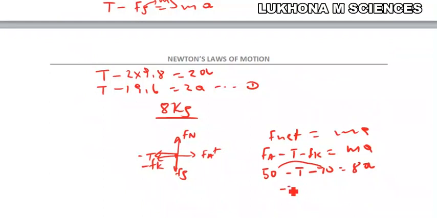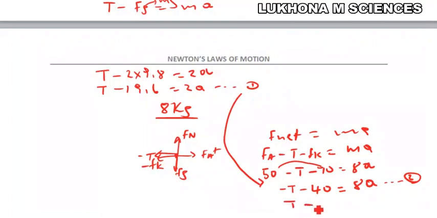So we have T minus 40, which is equal to 8A. Then we have equation 2. Then we can just bring this one next to this one. So we have T minus 19,6, which is equal to 2A. That was equation 1.